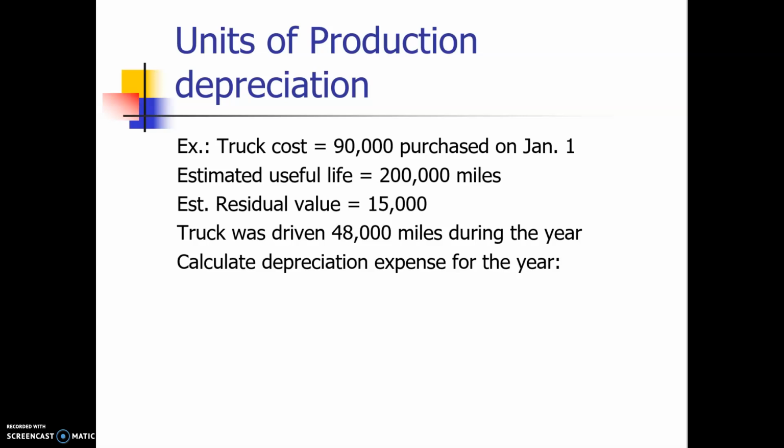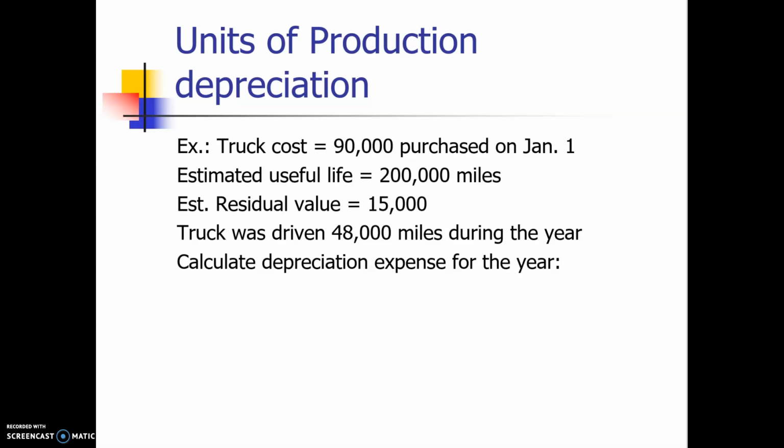So here's an example. The truck costs $90,000, but instead of looking at the useful life in years, we're going to look at it in miles. We're going to be able to drive this truck for 200,000 miles. Estimated residual value is 15,000.